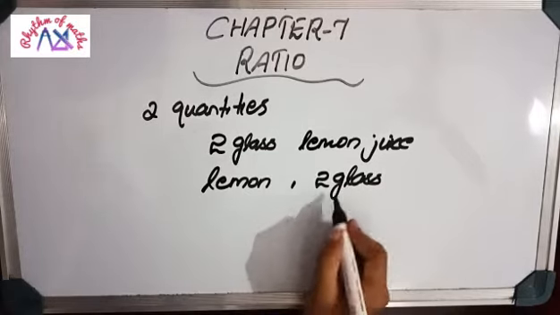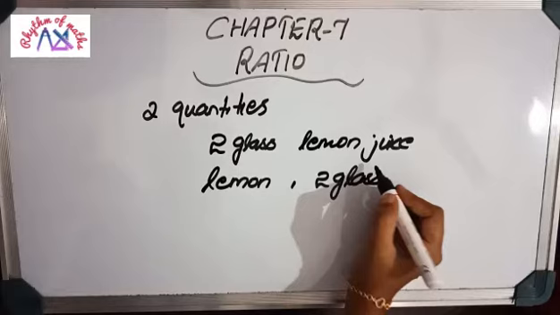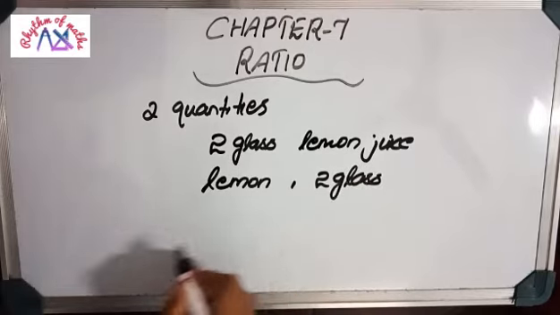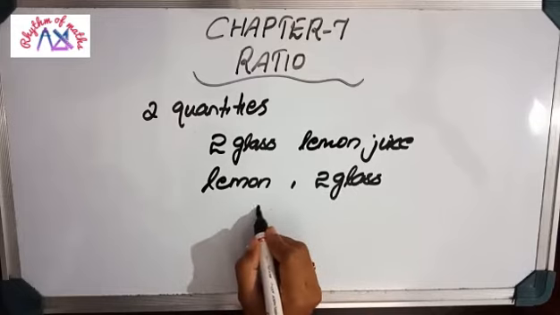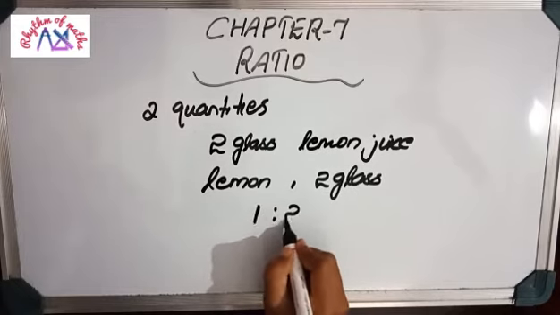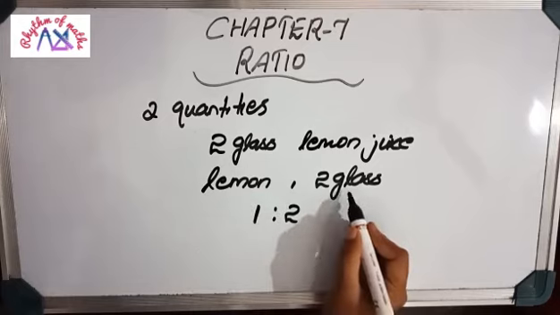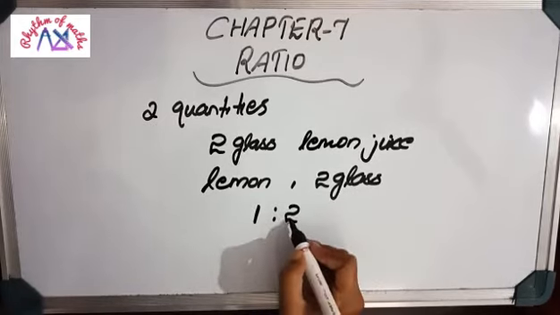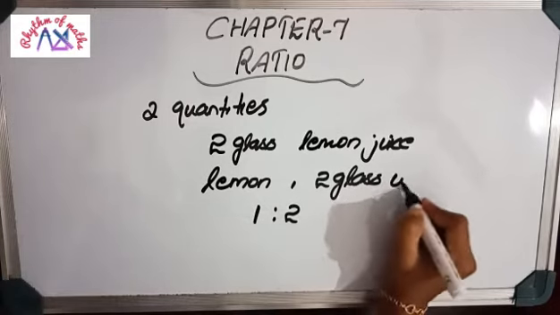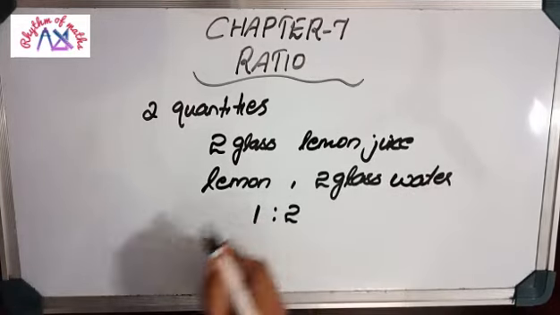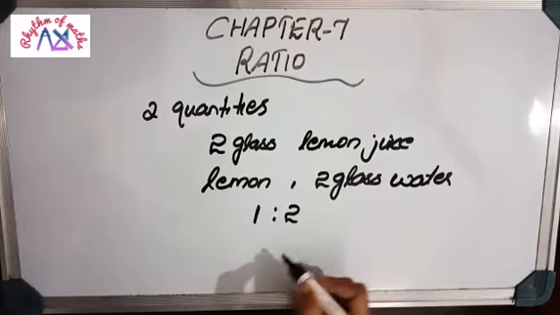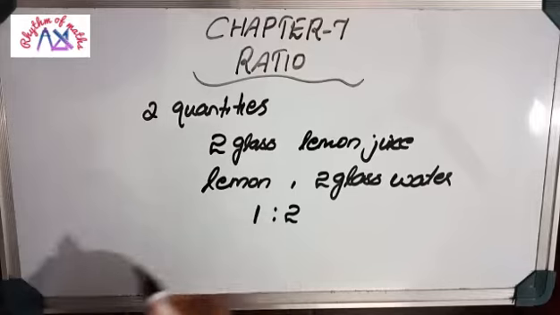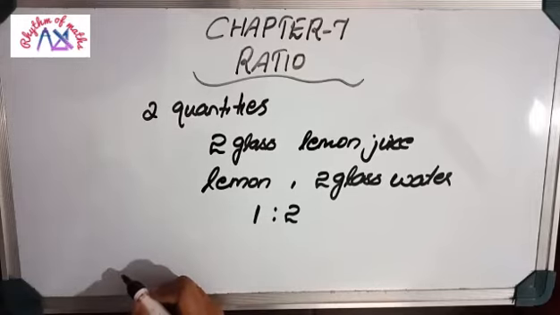Now here, for making 2 glasses of lemon juice, suppose we are using 1 lemon, then the ratio will be 1:2. For making 2 glasses of lemon juice, we need 2 glasses of water and 1 lemon. So for 2 glasses of water, if we are using 1 lemon, the ratio will be 1:2.